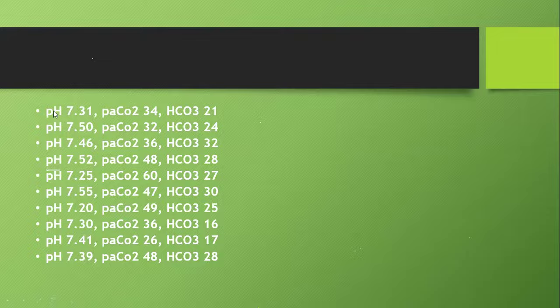Okay, so use this one. pH is 7.31, and then carbon dioxide is 34. Bicarbonate is 21.